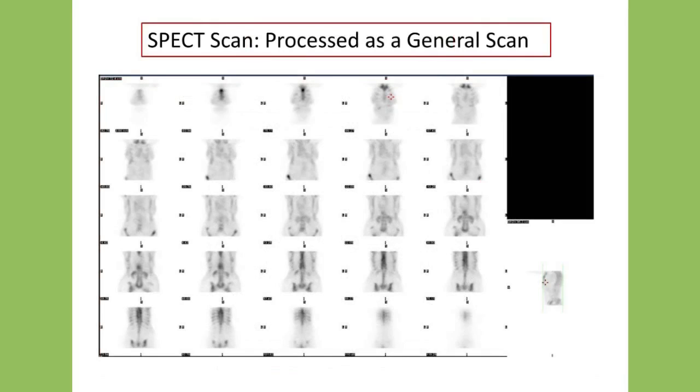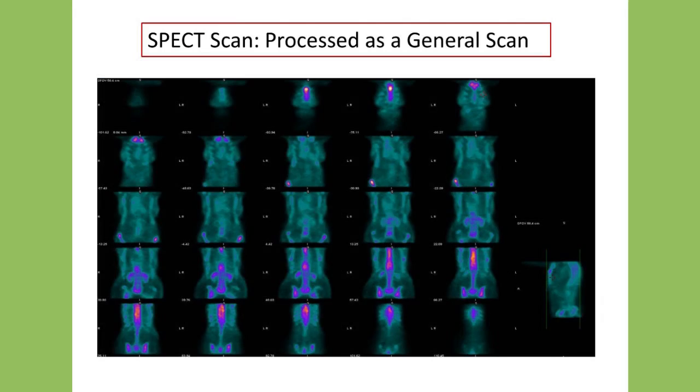And when looking at the SPECT scans, this particular SPECT scan was processed as just like a general bone study. And again, as we look through the slices, there is no visualized myocardial uptake. And again, just looking at the images in a different color, there is nothing that looks visualized as myocardial uptake in this patient.